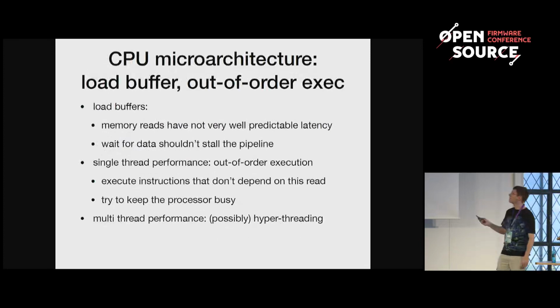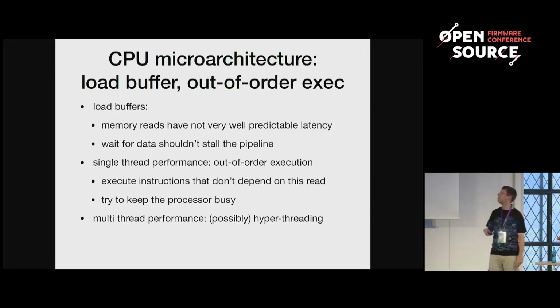Then the next thing is when the processor loads data from the main memory, the latency is not very predictable. If the data is in the level 1 cache, you get that within maybe 10 to 20 cycles. And the next levels of caches or main memory, that's basically a factor 10 in latency.